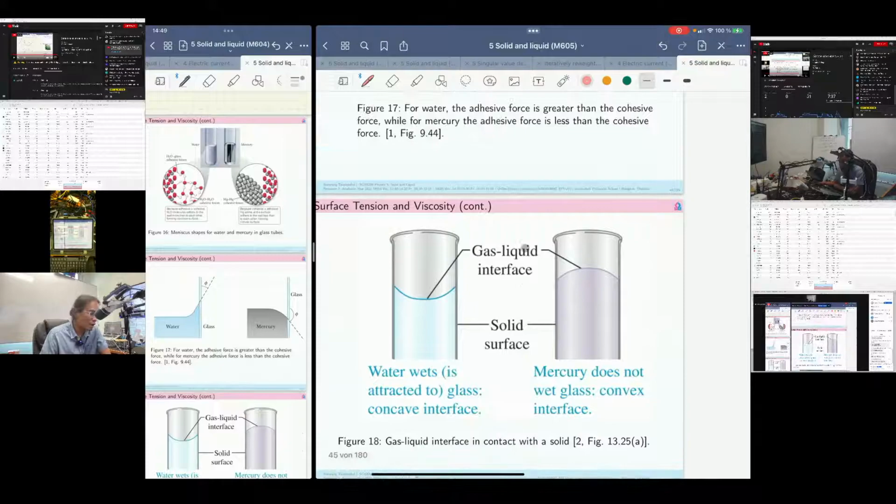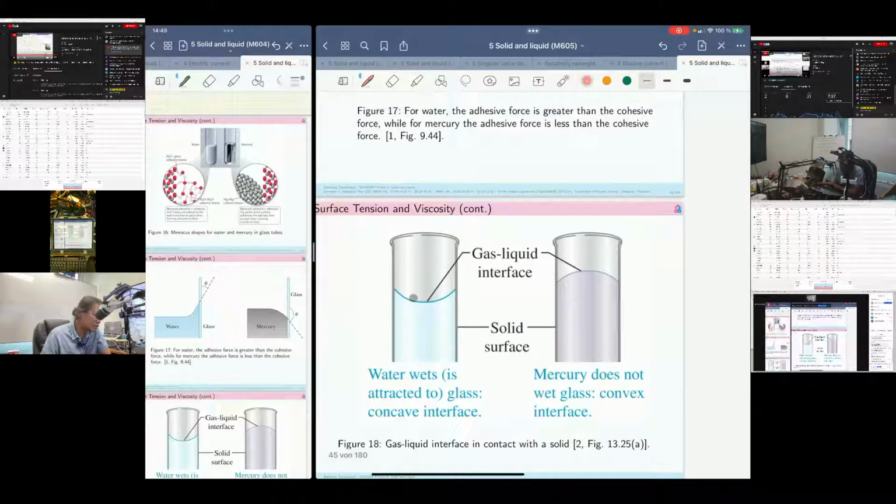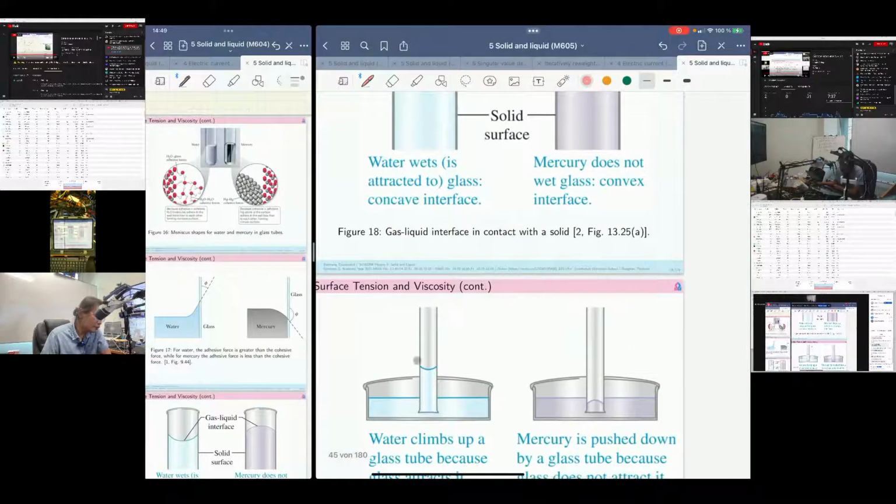Furthermore, apart from different shapes of fluid inside the capillary, if you take a look at the broader, wider view, when you compare the fluid level inside the capillary tube to the surrounding level of the liquid inside a big container or in a jar or in a bowl or something like that.